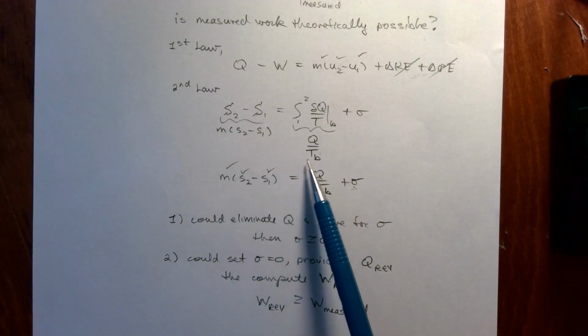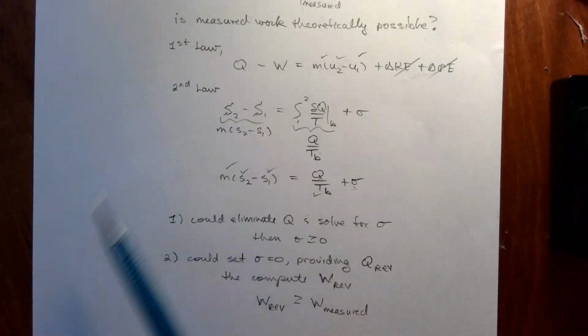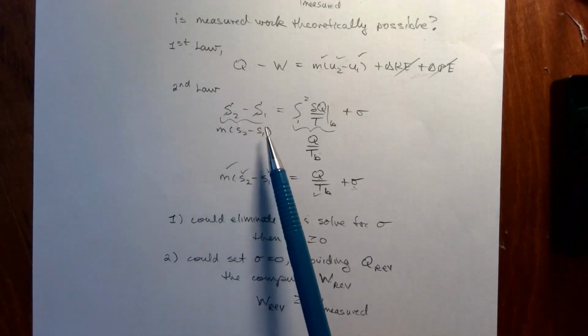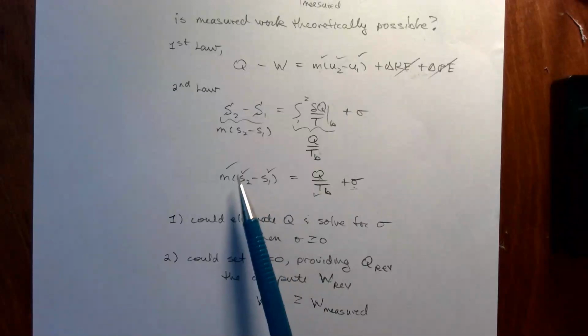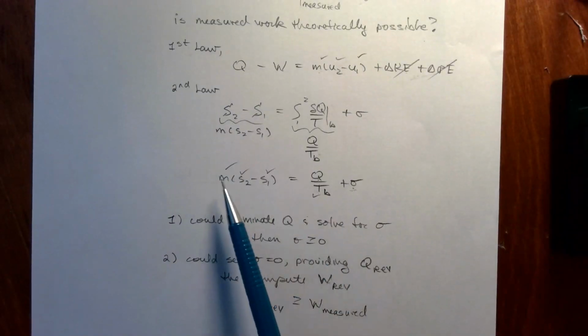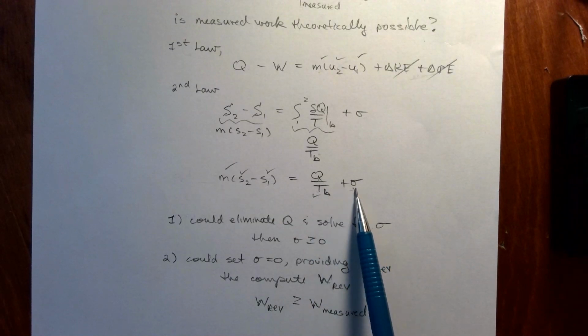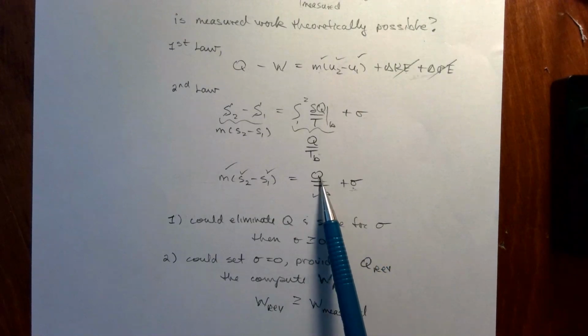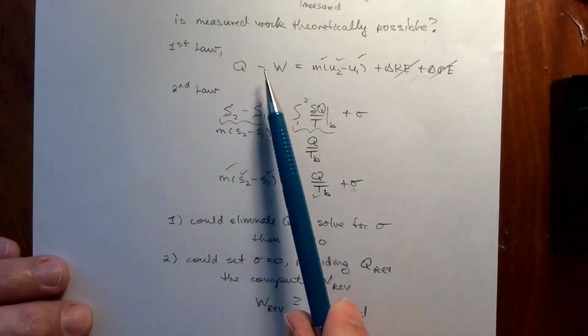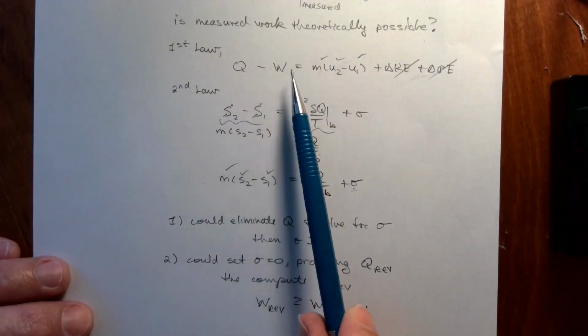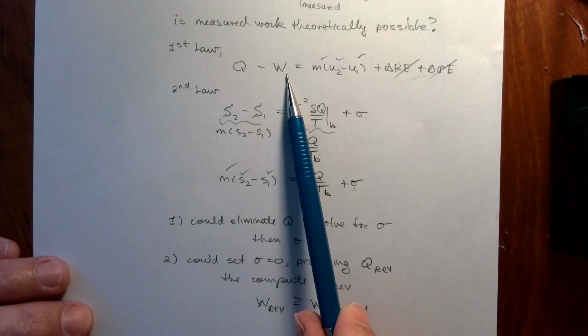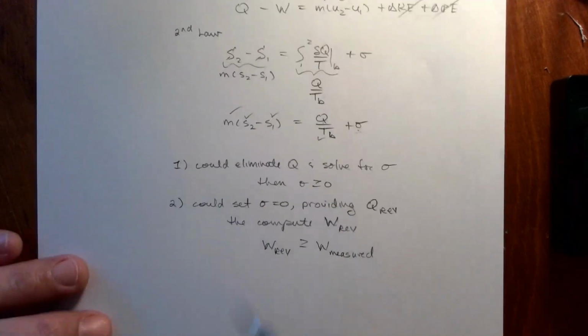So Q reversible would be equal to TB times delta S. All this over here is known. Just take TB to the other side. Everything's known. We can solve that. We'll make this Q reversible if we make that 0. Now we can take that Q reversible, substitute into the first law, solve this for W, and that'll give us a W reversible.